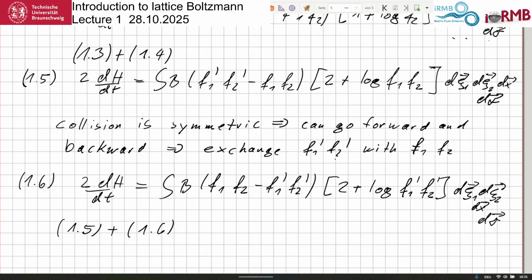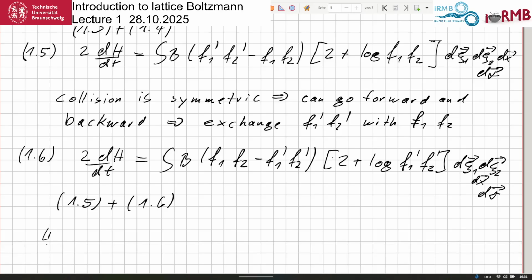Now we have the entire thing four times: dη/dt, and now we have B times (f1'f2' minus f1f2). We notice there is a change in sign here.